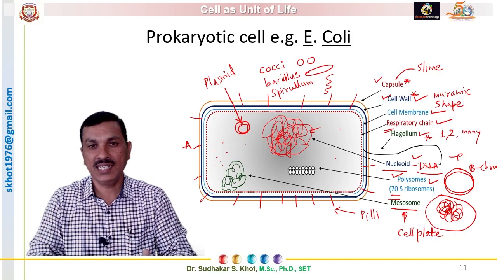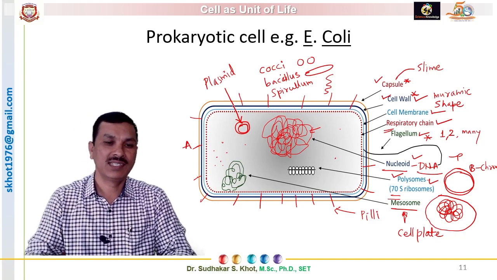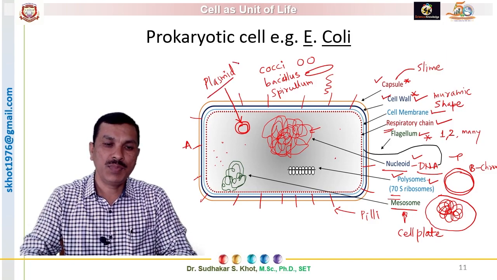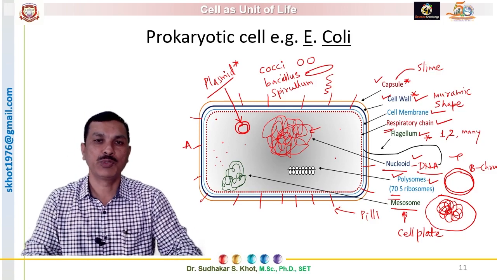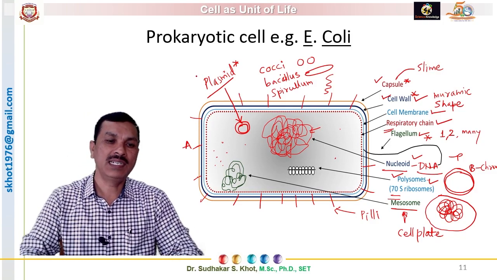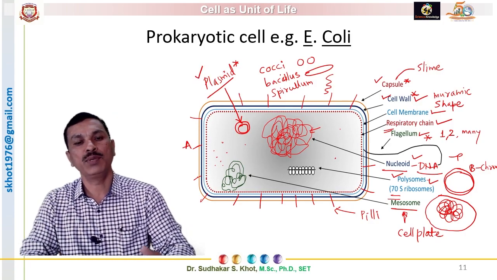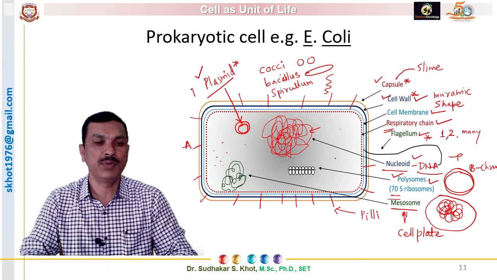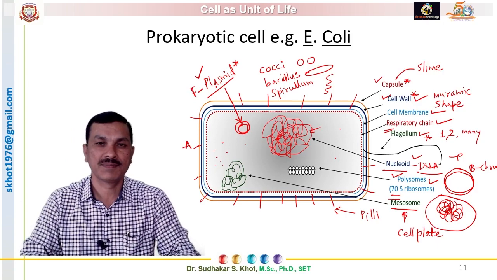So again, this DNA is self-replicating, circular, having specific genes. The plasmids may be present, may not be present, just like a capsule. Whenever it is present, it confers some specific ability to the cell. For example, certain plasmids, like the F plasmid, help to promote sexual reproduction.